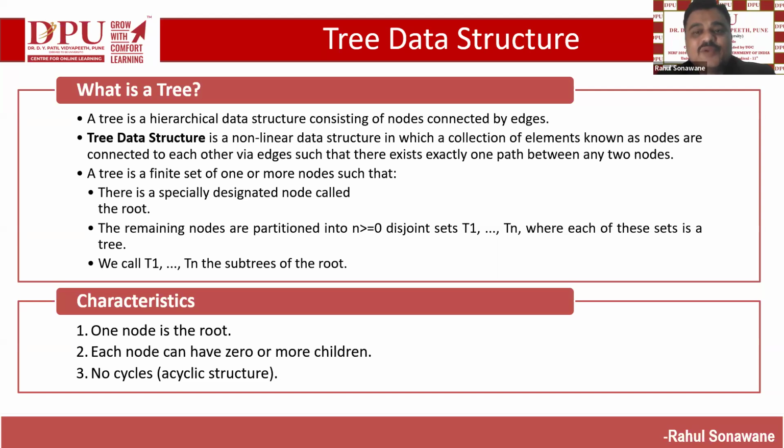Yeah, we are going to explore that in our upcoming slides. But this definition tells us that if from n elements, one of them is a root, right, and the remaining are divided into some disjoint sets T1, T2 up to Tn. Okay. Now those T1, T2, Tn are also following the same rule. They are a tree themselves.